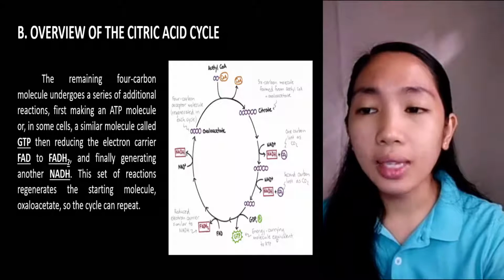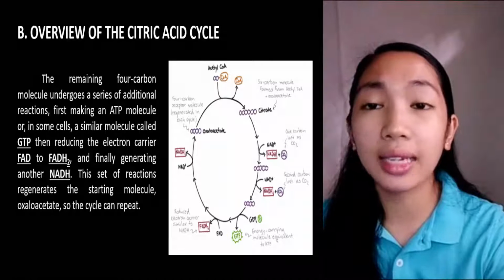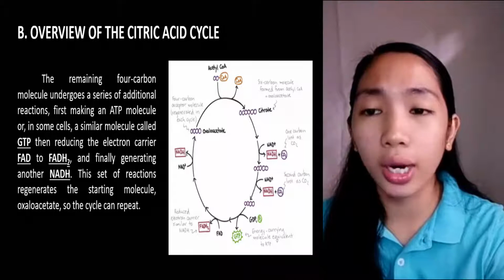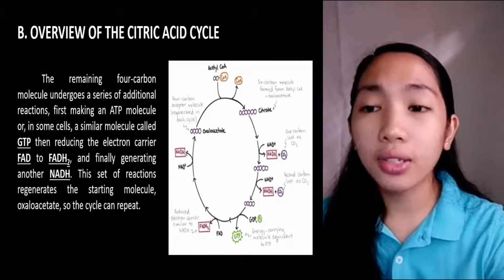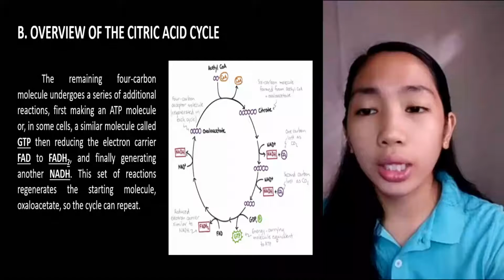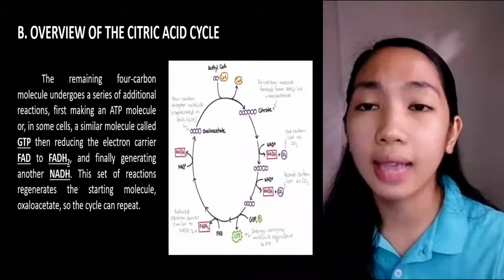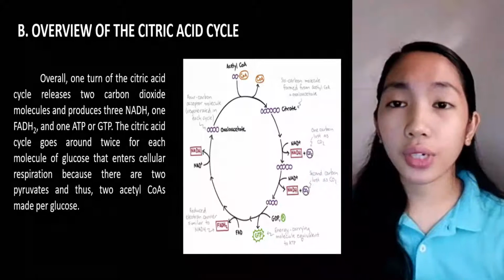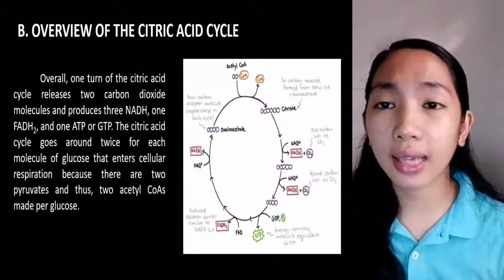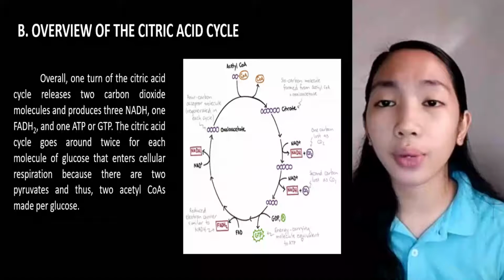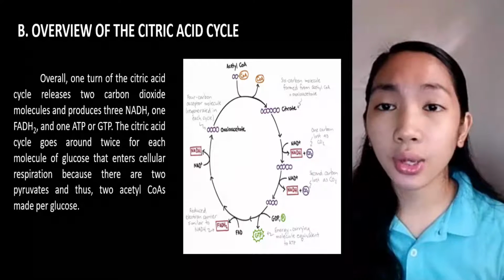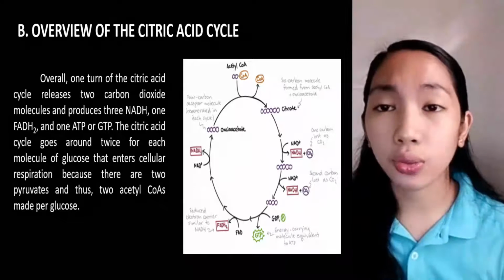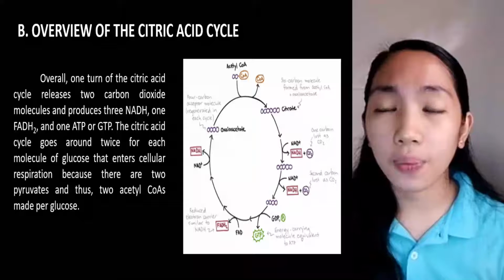And the last is to produce another NADH, or nicotinamide adenine dinucleotide. This reaction creates molecules that can repeat the cycle. So overall, the citric acid cycle releases 2 carbon dioxide molecules, 3 NADH, 1 FADH2, and 1 GTP.